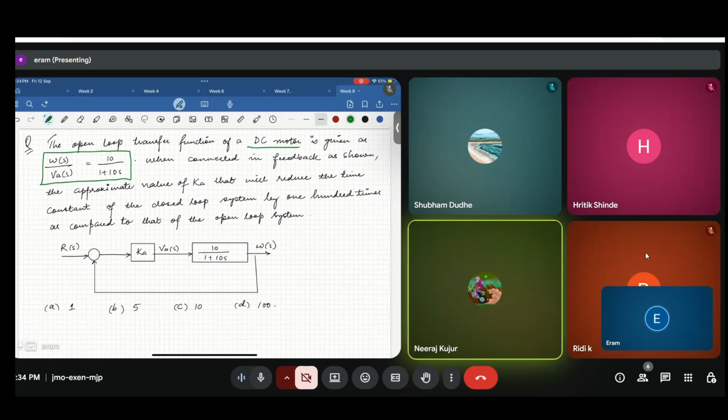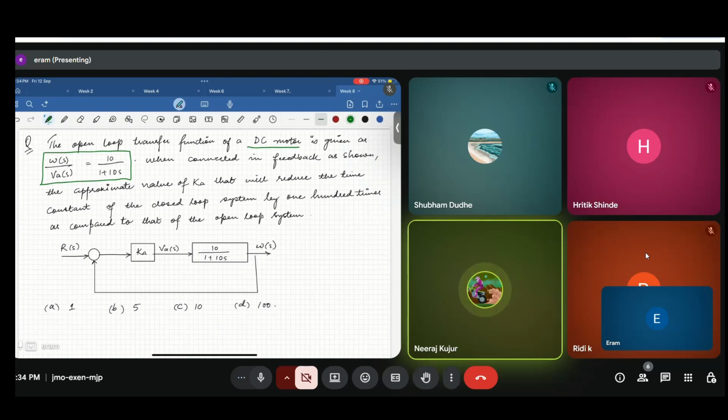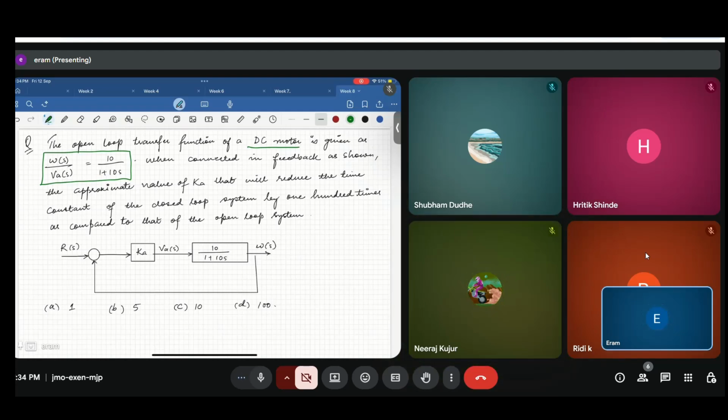Omega(s), and what is omega(s) for a DC motor? Angular velocity, it is. Okay. We have omega, which is the angular velocity, and what is the input? The input is Va, which is the armature voltage.